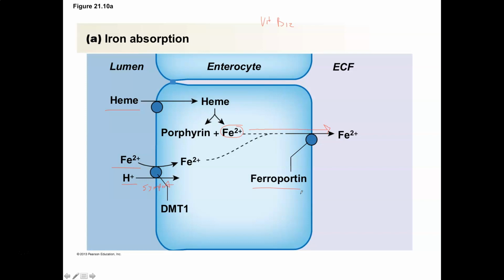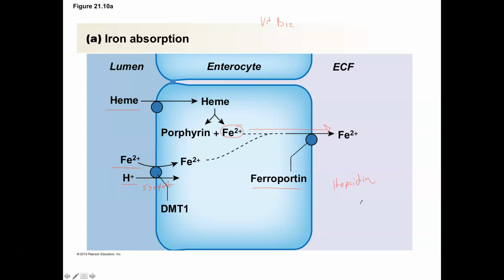We regulate iron absorption using a hormone called hepcidin. So hepcidin is a hormone that's actually used to regulate the amount of iron that gets absorbed through the GI system. Hepcidin comes from the liver, and when iron levels are high, the hormone hepcidin is released by the liver.